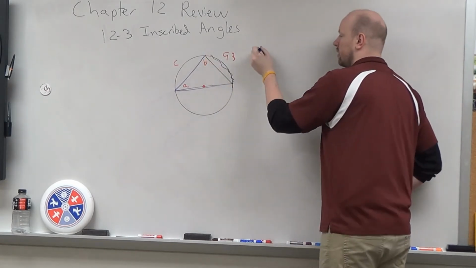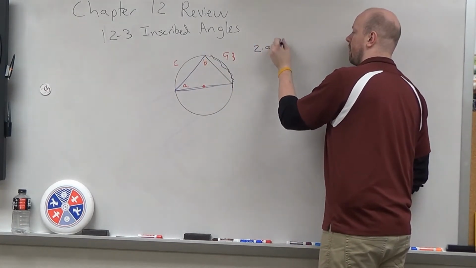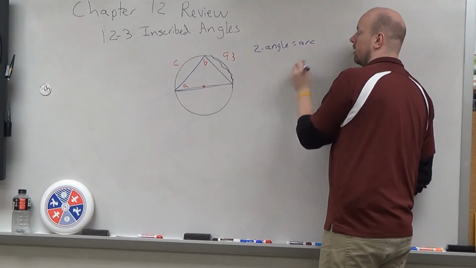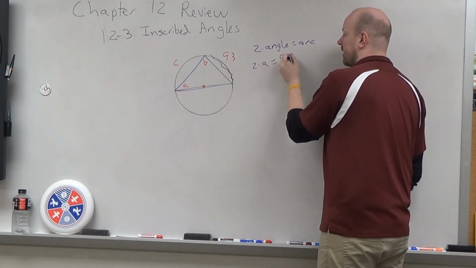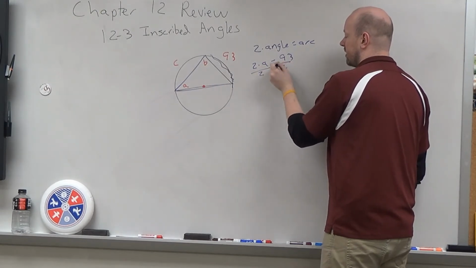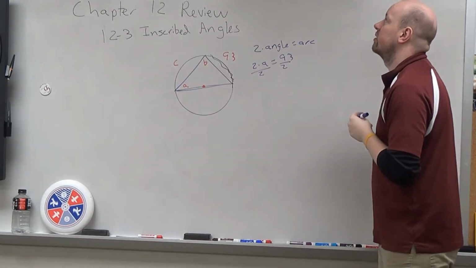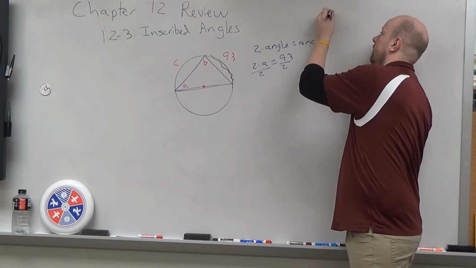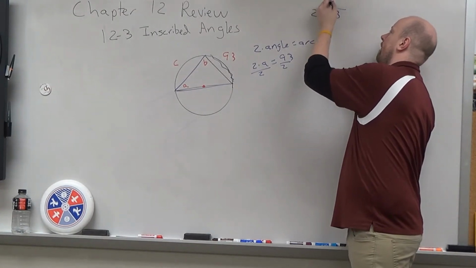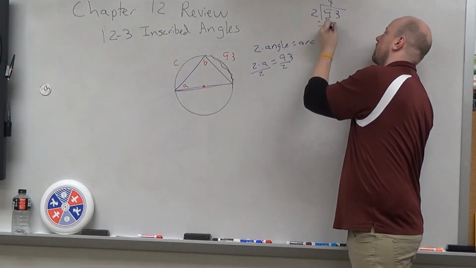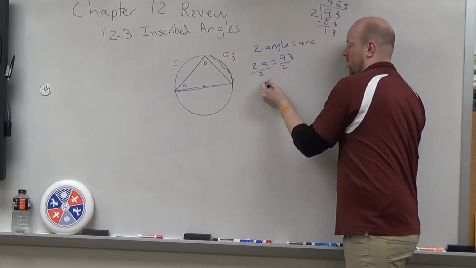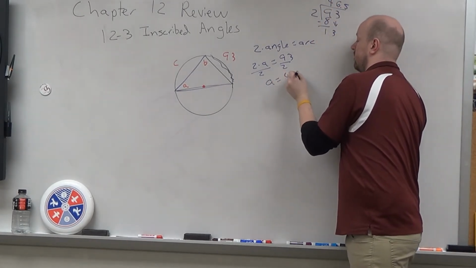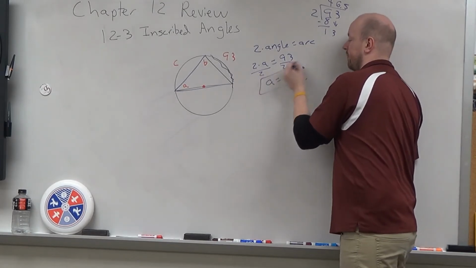So 2 times angle equals my arc, and if my angle is A, well 2 times A has to equal 93. Divide by 2, divide by 2, 93 divided by 2, let's see, 90. So A equals 46.5 degrees.